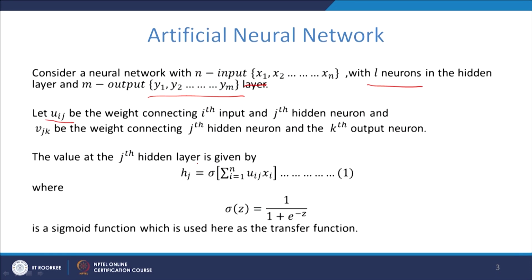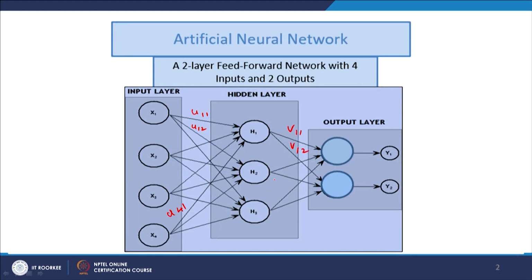For the calculation, the value of the jth hidden neuron is calculated by the sigmoid function sigma of the summation of uij xi. That is the value of h1.